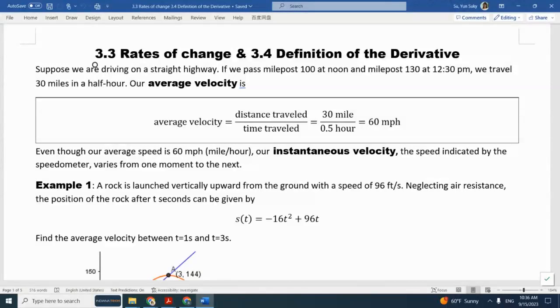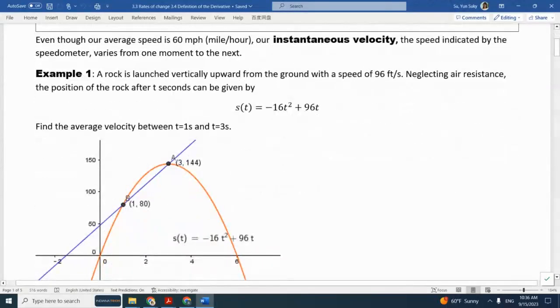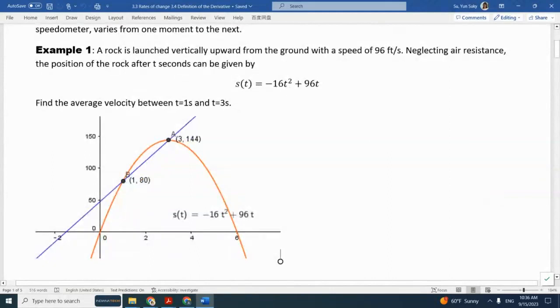Okay, good. Let's look at the following. A rock is launched vertically upward from the ground with a speed of 96 feet per second, neglecting air resistance. The position of the rock after t seconds is given by s(t) = -16t² + 96t.